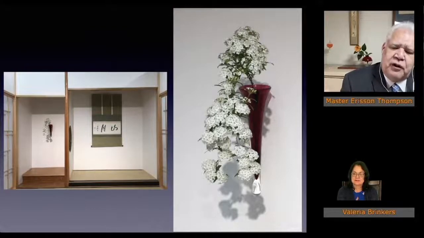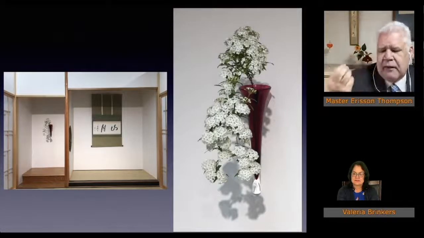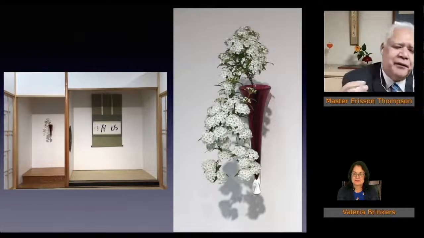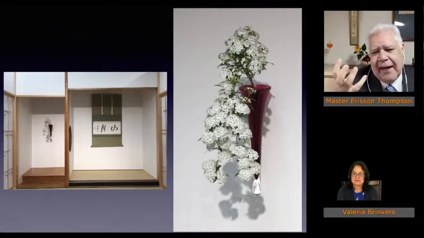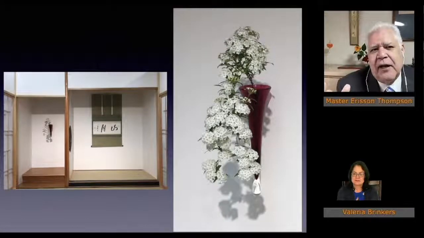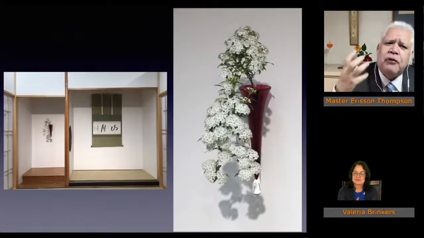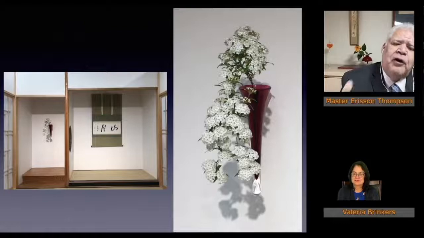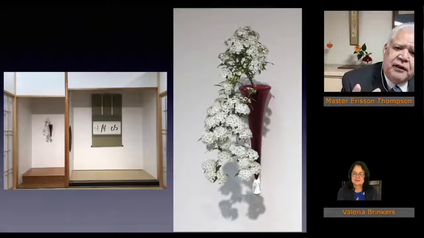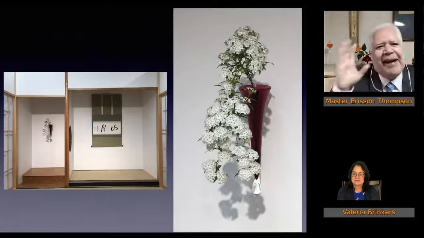Not surpassing the calligraphy, but composing with the calligraphy. That balance, that simplicity, when a person looks at the calligraphy, then looks at the flower and feels the joy of blooming from the flower. Simplicity is a great treasure, a great element in the art of Ikebana.